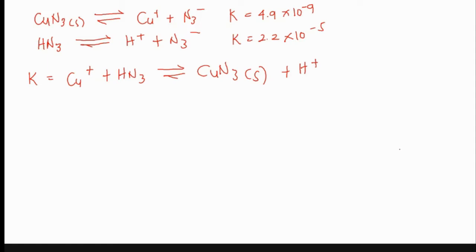Ano yung gagawin natin? Ano yung K for this reaction? So, given tayo ng dalawang equilibrium reactions, meron din tayong values ng K. Ano yung papalitan natin or ire-reverse sa backward reaction?